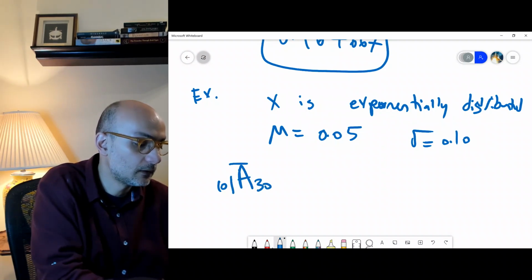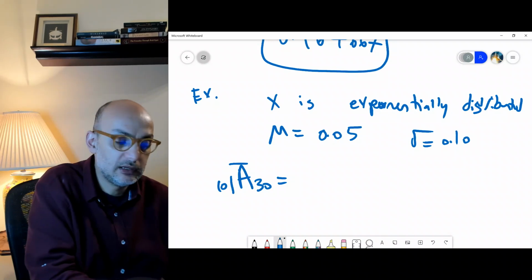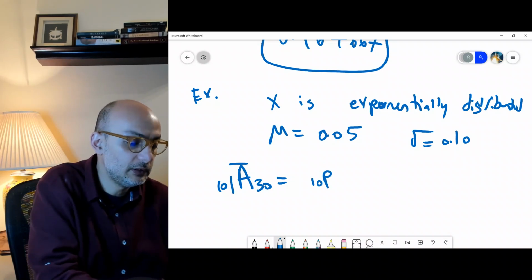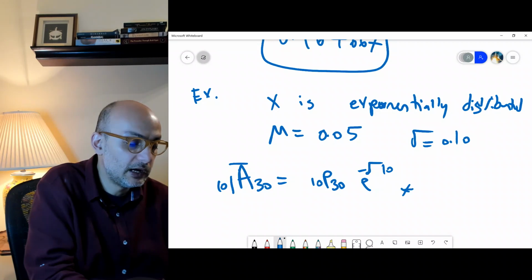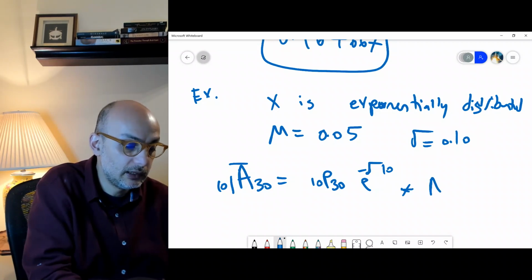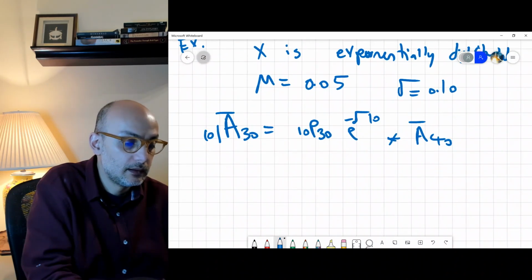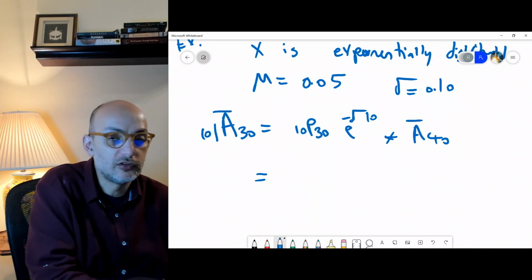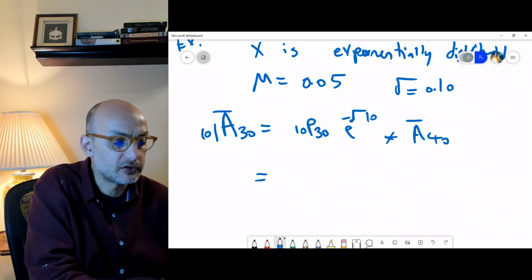Same logic: 10p30 multiplied by e to the minus delta for 10 years, multiplied by now A40. And this is easy because this is an exponential distribution.